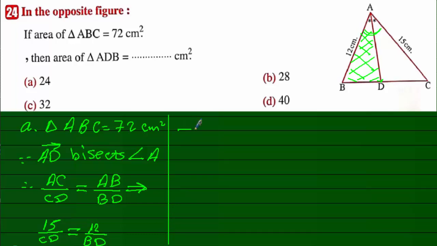That means BD over CD equals 12 over 15, which in the simplest form, dividing up and down by 3, equals 4 over 5. So we write here the ratio between BD and CD is 4 to 5.